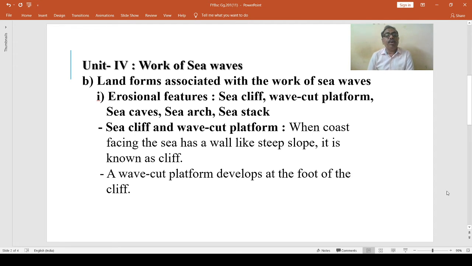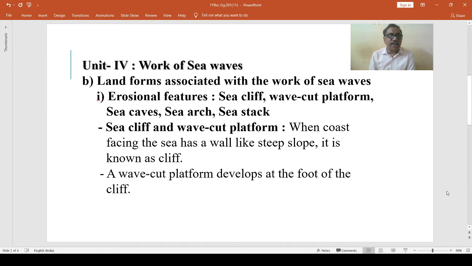Here we have to discuss sea cliff and wave cut platform. When a coast facing the sea has a wall-like steep slope, it is known as a cliff. A steep rocky coast rising almost vertically above seawater is called a sea cliff. The formation of a cliff depends on several factors like the nature of the rocks, their power of resistance to erosion, joints and cracks in them, and so on.